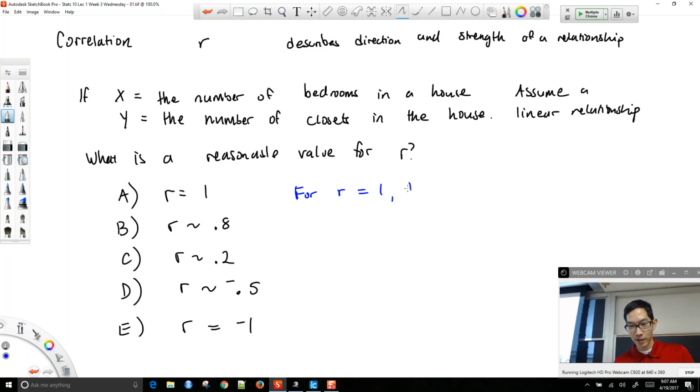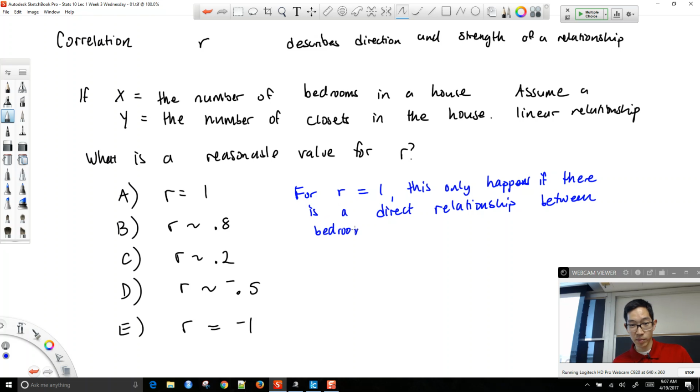Meaning every single house that has 4 bedrooms has the exact same number of closets.